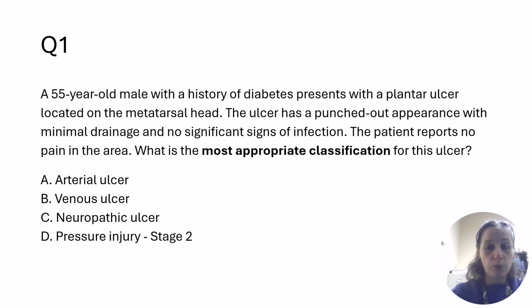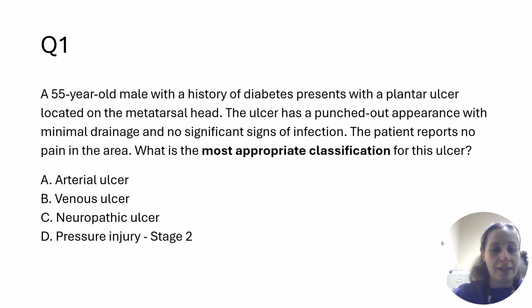When you're trying to separate between the two, arterial and neuropathic, typically the neuropathic ones are going to be in the bottom of the foot. So the key words here are plantar ulcer. So they're diabetic. They have a plantar ulcer. That means bottom of the foot.